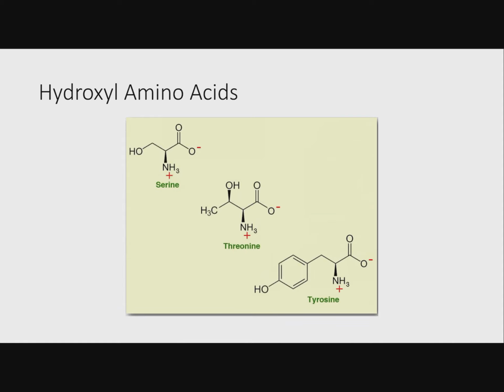Serine is also part of a catalytic triad of what we call serine proteases. And we're going to look at some different types of proteases when we get to enzymes, so I'll save the discussion for that, but it is one of the serine proteases.